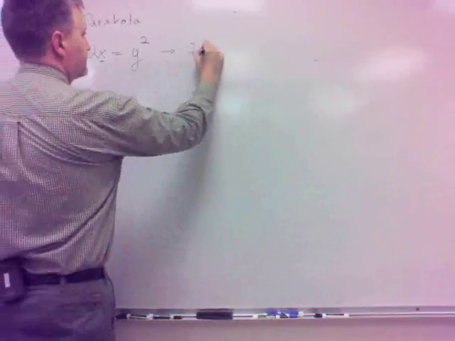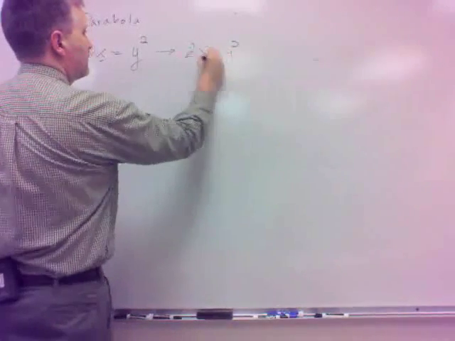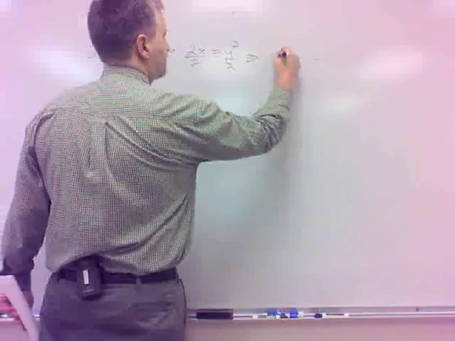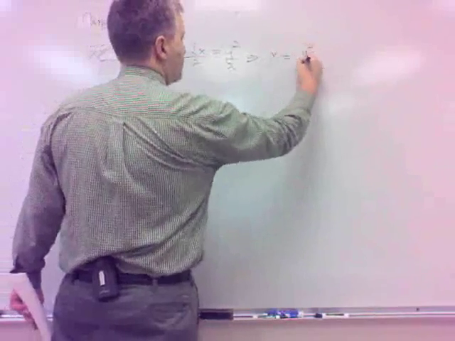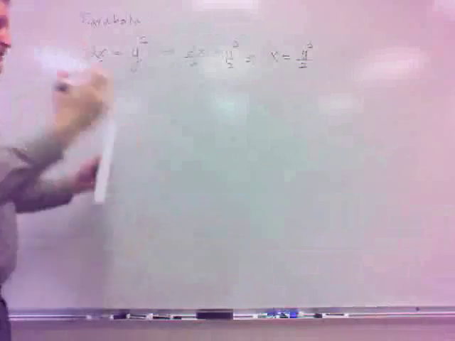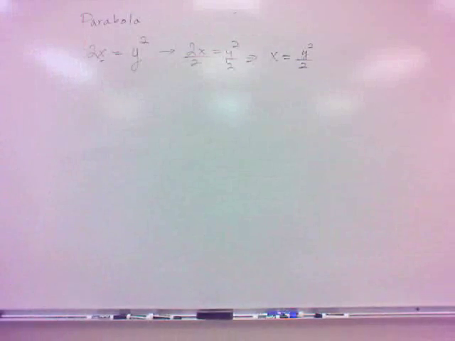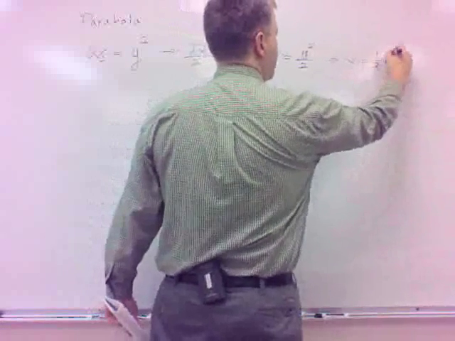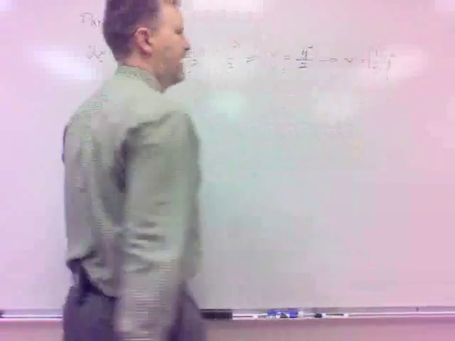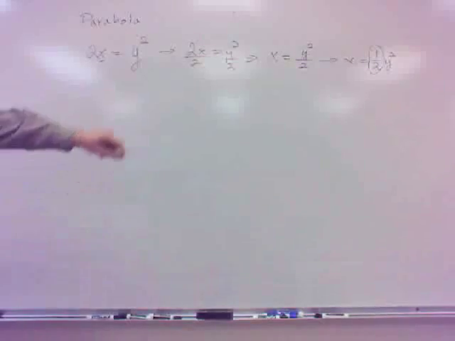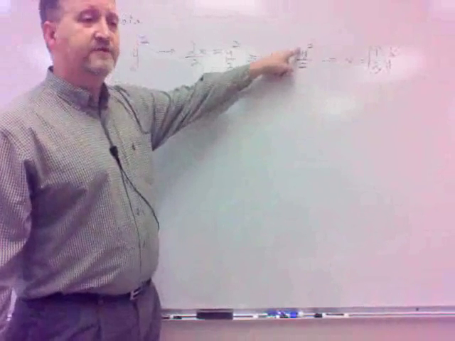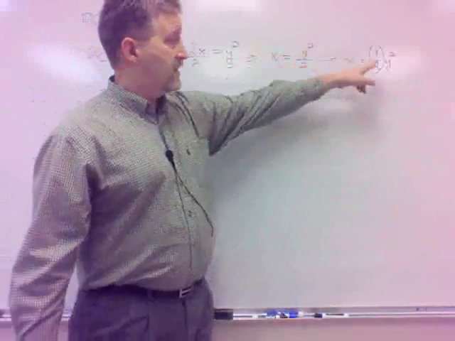And so I'm going to divide by 2 to get the x by itself. And you can leave it in that form, but isn't that the same as x equals 1/2 y squared?